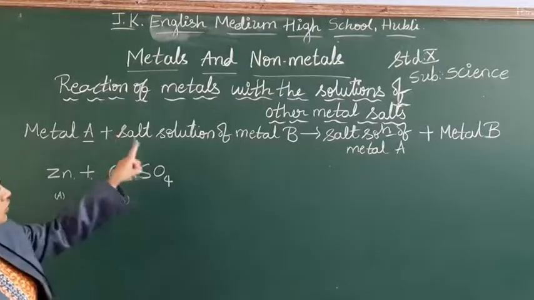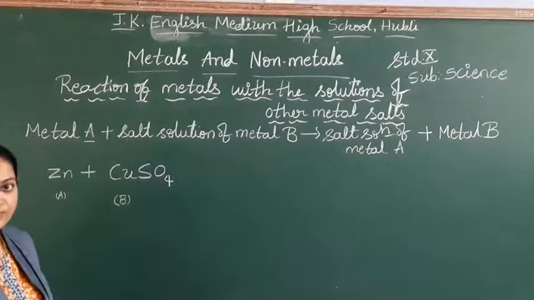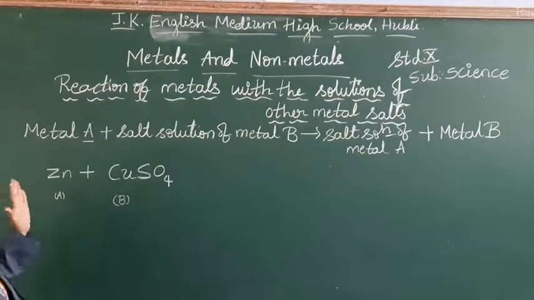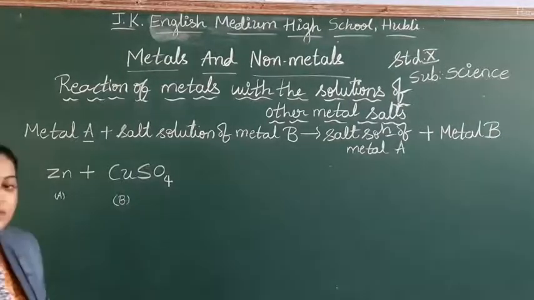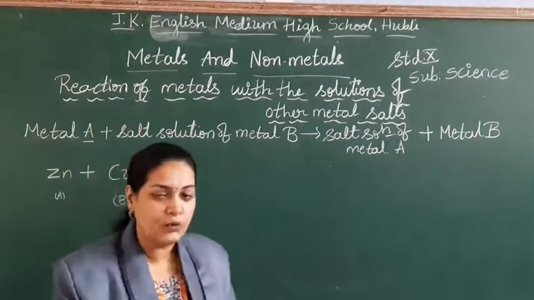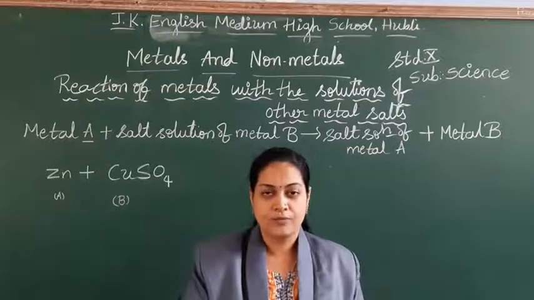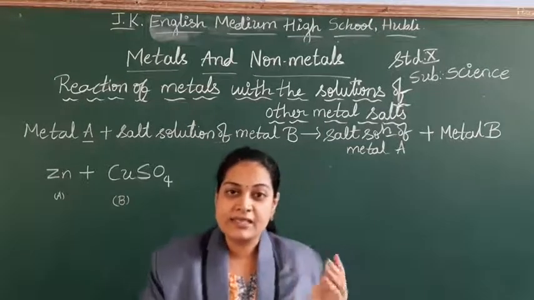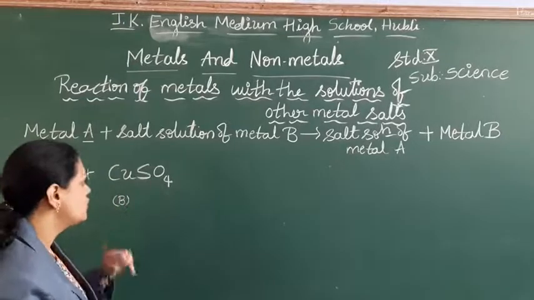That is the salt solution of metal B. Now in the reactivity series, the zinc comes first, means it is more reactive compared with the copper. So easily it can displace the copper from its salt solution.